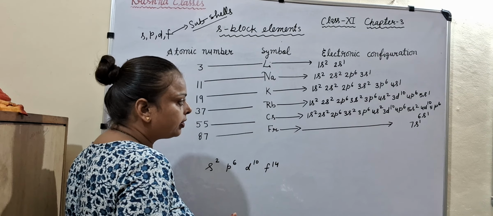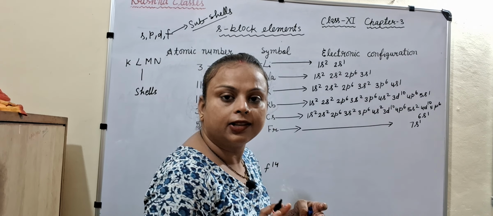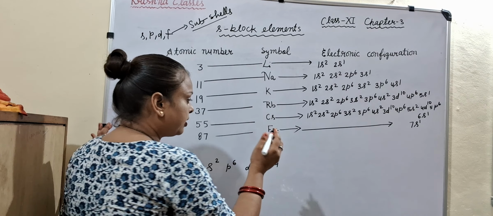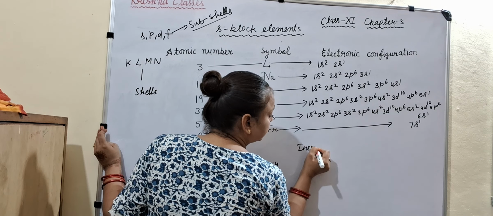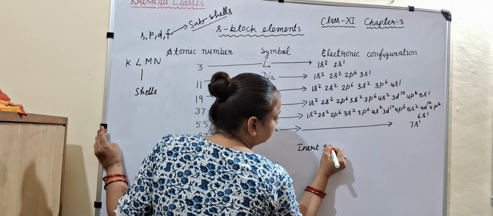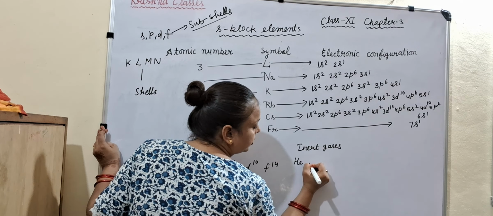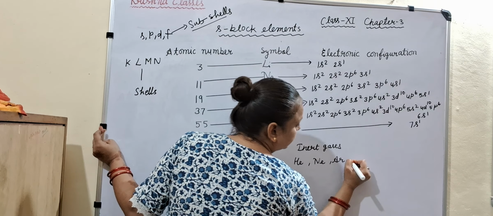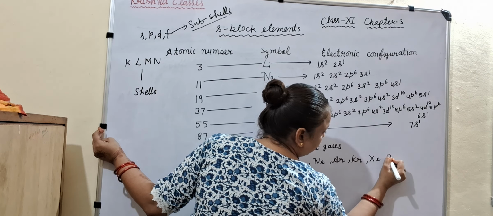You know inert gases have complete shells, that are called inert gases, like helium, neon, argon, krypton, xenon, radon.